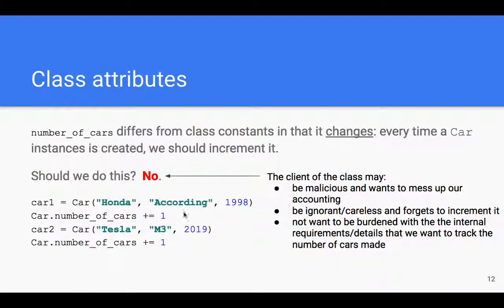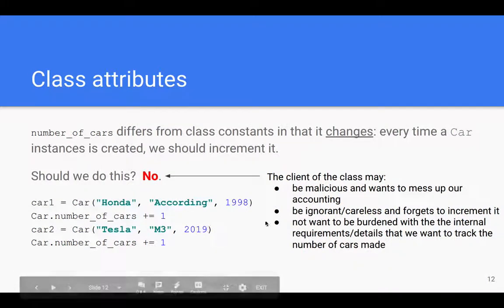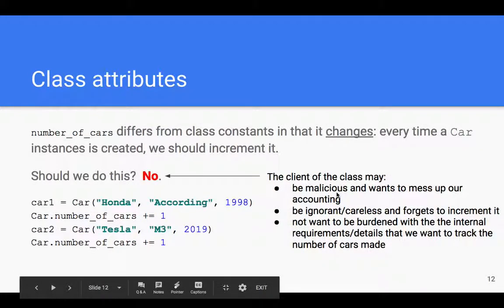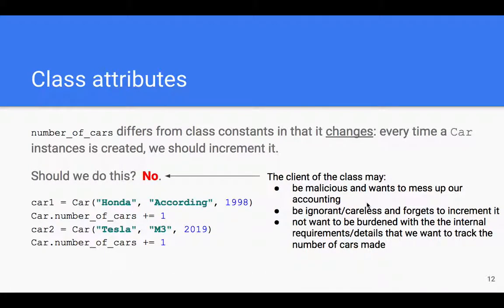So the first reason is if we increment the number of cars outside the class, the client might just be evil, and the client doesn't want to increment it for us. The client might want to mess up our accounting.